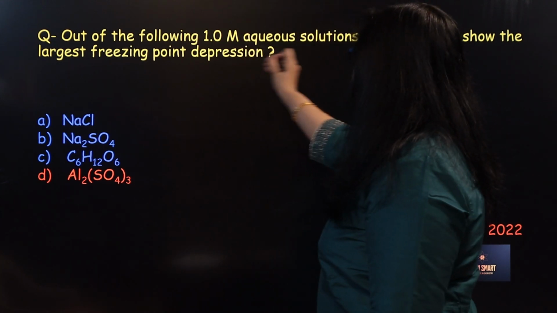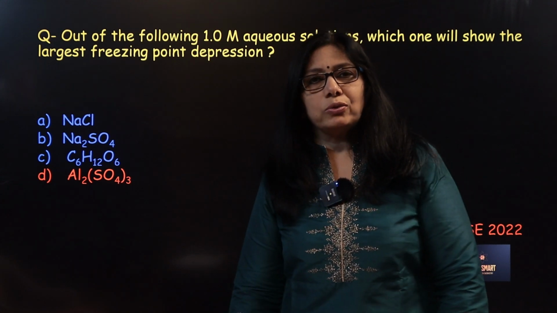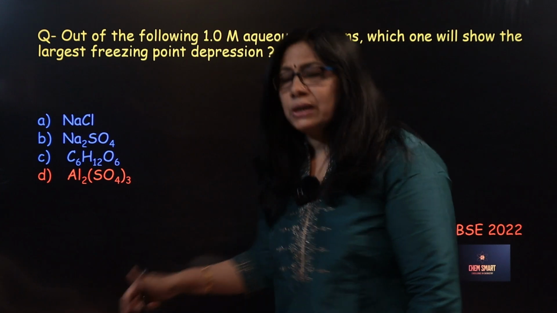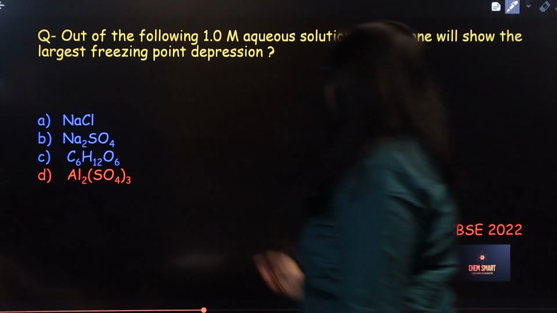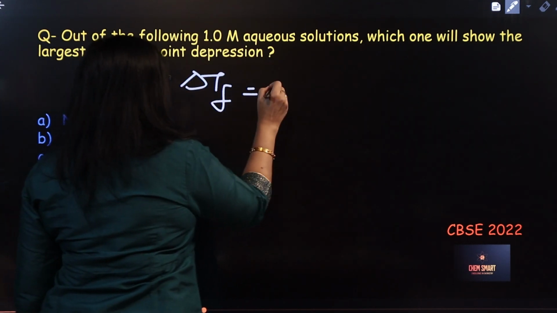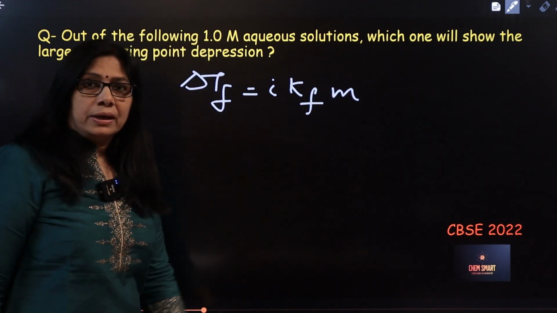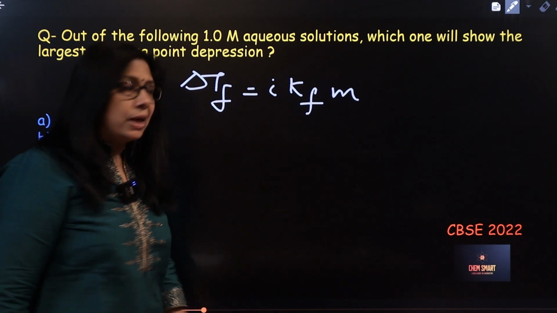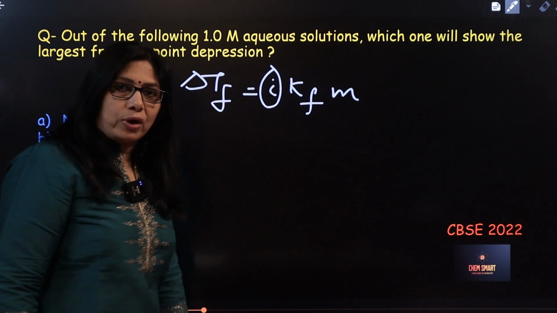Now, they all have the same concentration and they all are aqueous solution, same solvent. So, KF and M will be same in the formula for all of them. Let's see how to calculate delta TF in this case. Delta TF is equal to I into KF into M. As I mentioned, KF and M will be same for all these solutions. And basically, it will depend only on the value of I.